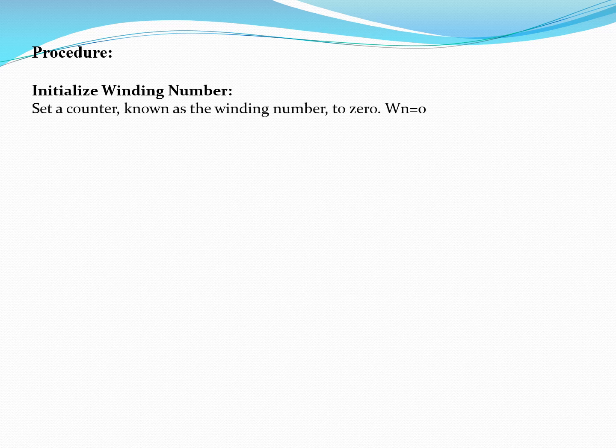Now the procedure. The first step is to initialize the winding number, that is wn equals 0. We assume that 0 means outside. Then with the help of that pixel we draw a line.